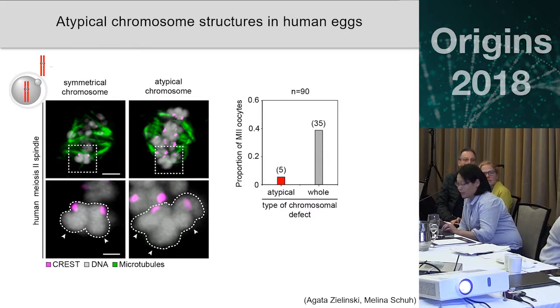So these are the spindles that you saw earlier from Lena, and typically you see these very nice symmetrical structures, but Agatha and Melina now start seeing these atypical structures as well in these eggs. And you can see here as well that the rate is very similar or consistent with what we see from sequencing. So we actually think we have gross chromosome rearrangements occurring and chromosome breaks in human eggs and potentially also the embryos later on.